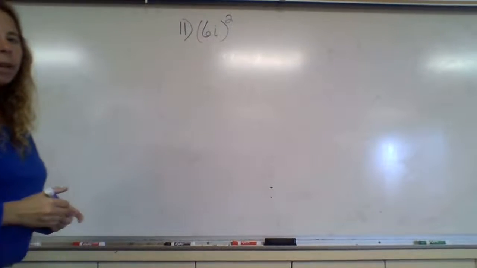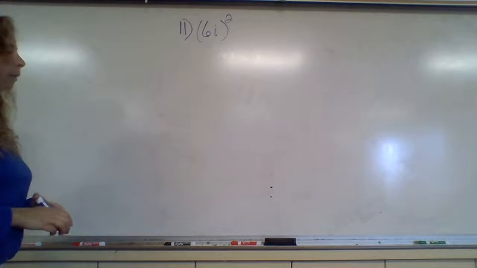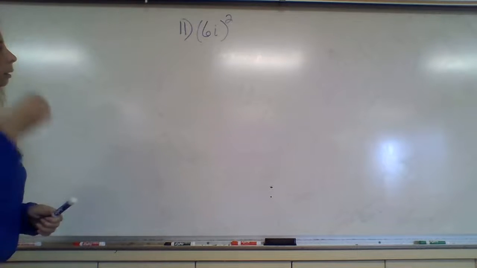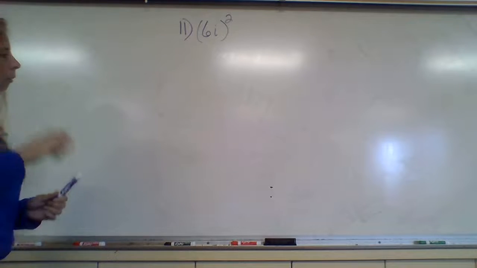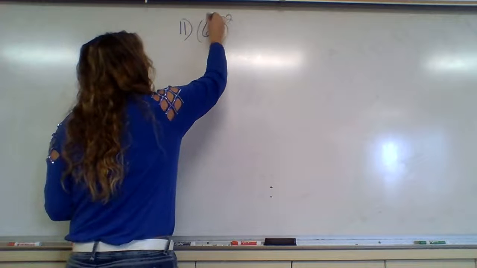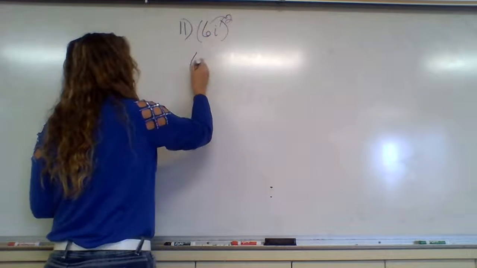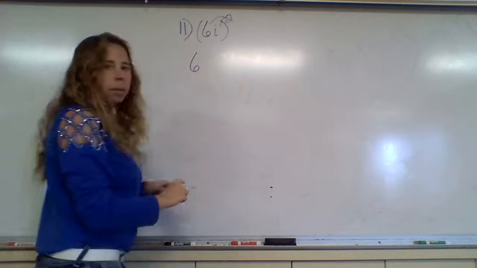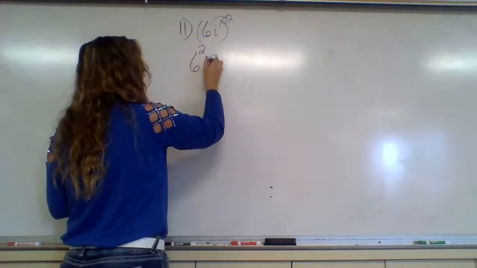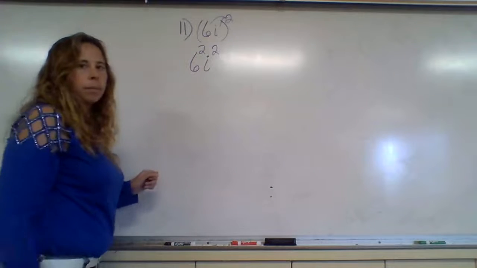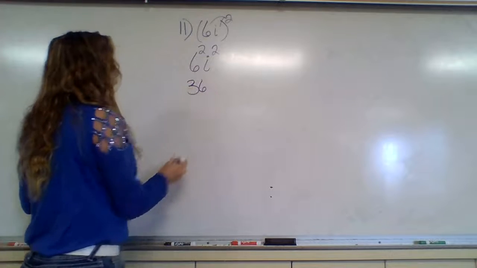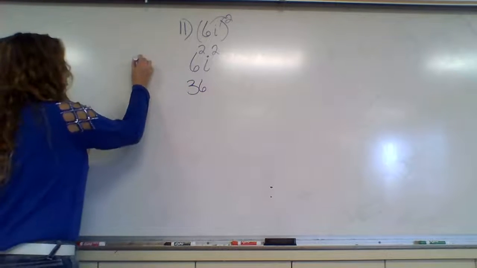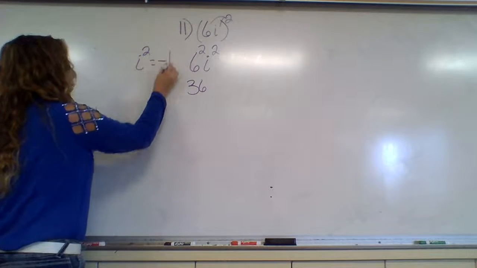All right, number 11, 6i squared. Simplify. So you're going to square both things inside. So that gives me 6 squared, and it gives me i squared. 6 squared is 36, and remember that i squared equals -1.